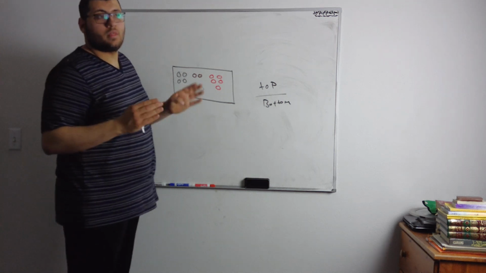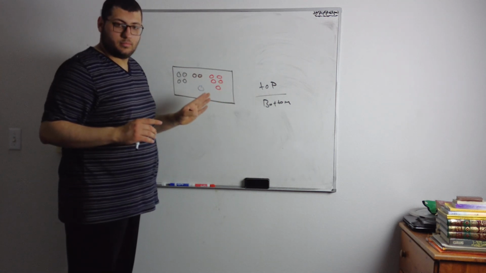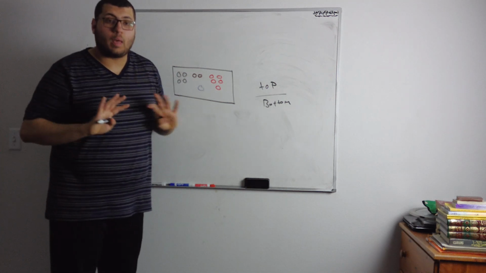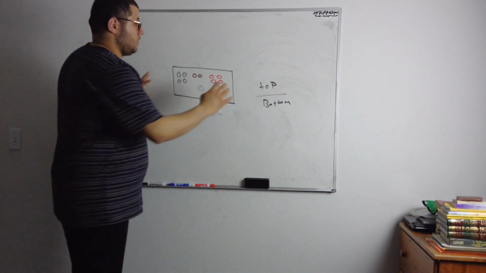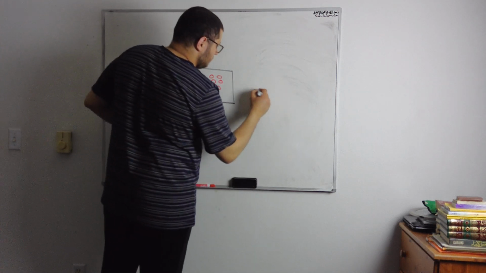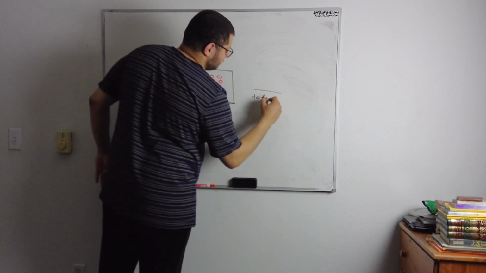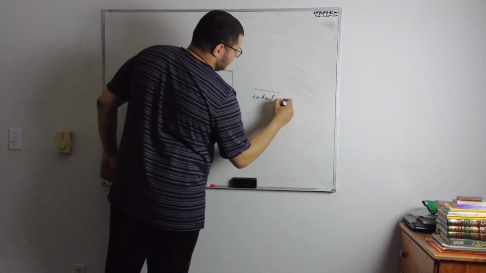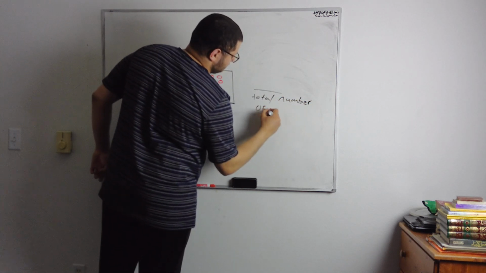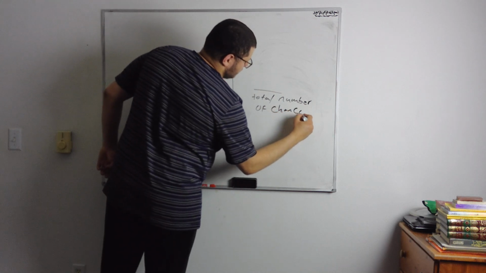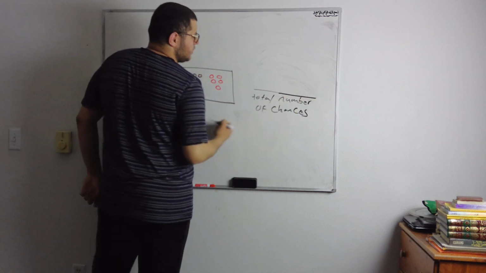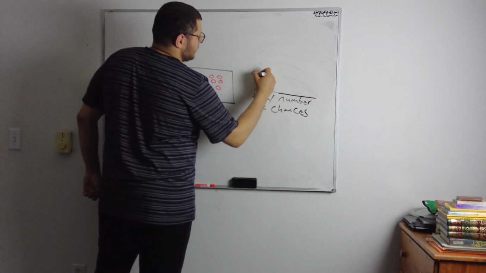We said the number on the bottom is the total amount of chances you have, the total number of chances. And the number on the top is the number of chances you're looking at.